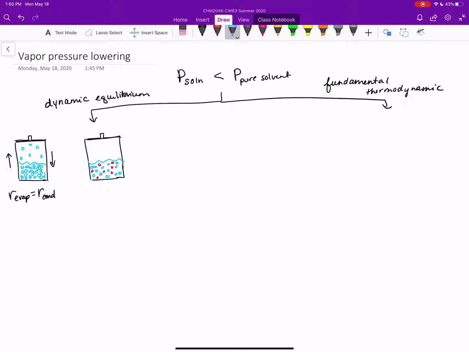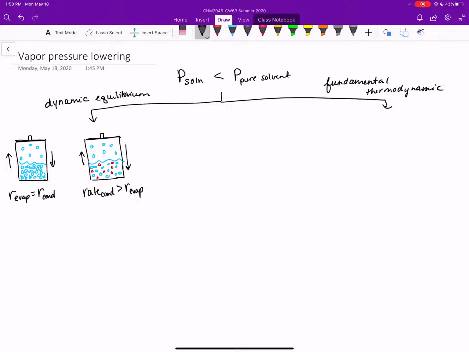And so what happens is that those solute particles, so I'm going to draw the same number of dots here in the gas phase for the solvent, those solute particles start to pull these solvent particles from the gas phase back into the liquid phase. And so the rate of condensation increases. So the rate of condensation is now greater than the rate of evaporation.